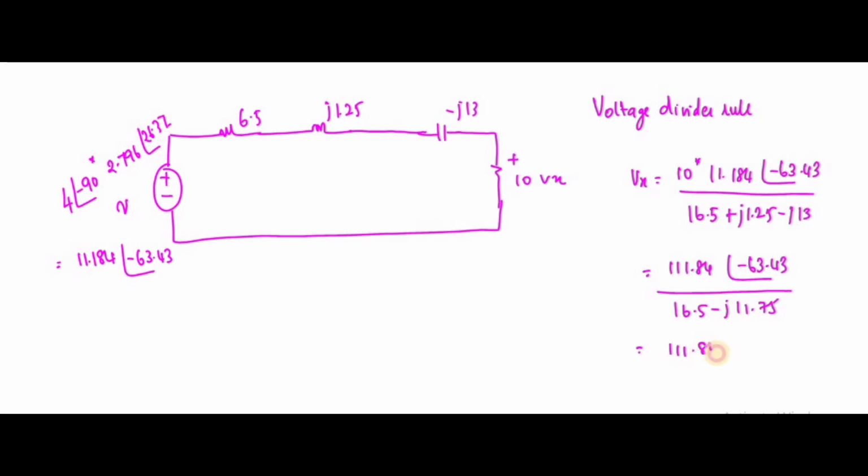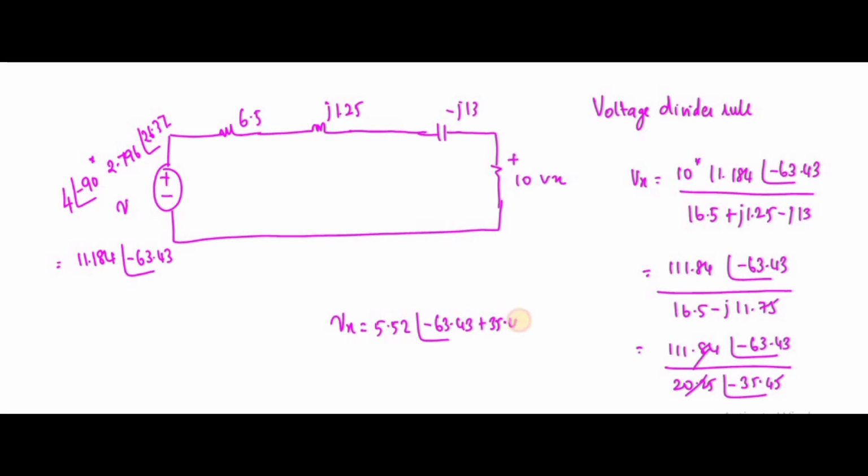Here the denominator value I can convert into polar form, using a calculator. I will get 20.25 angle minus 35.45. So these two get cancelled out. So Vx is equal to 5.52 with angle minus 63.43 plus 35.45.